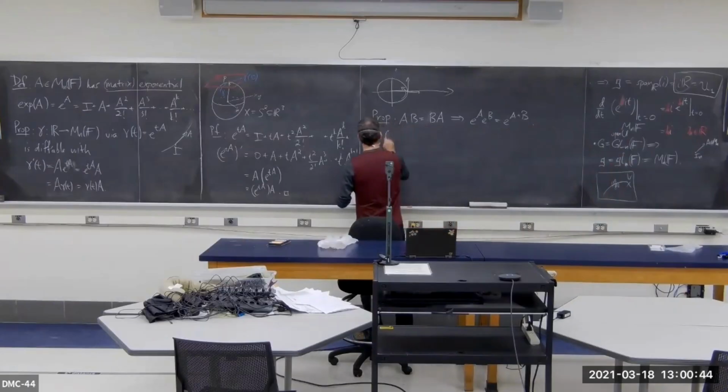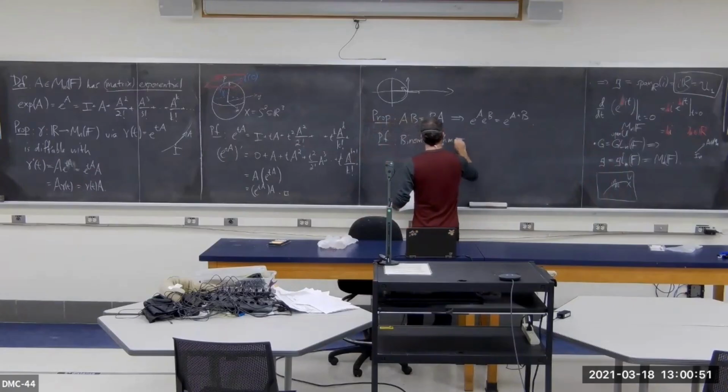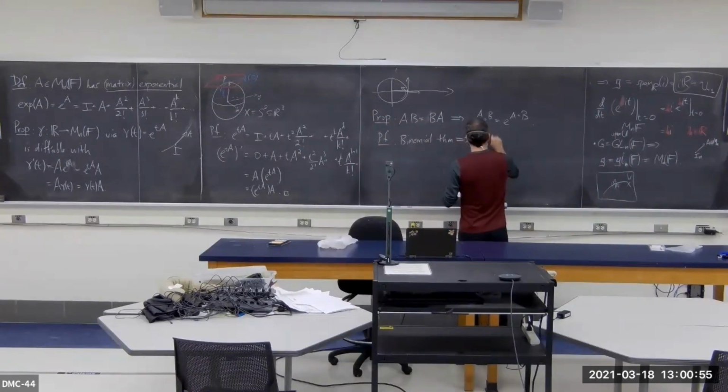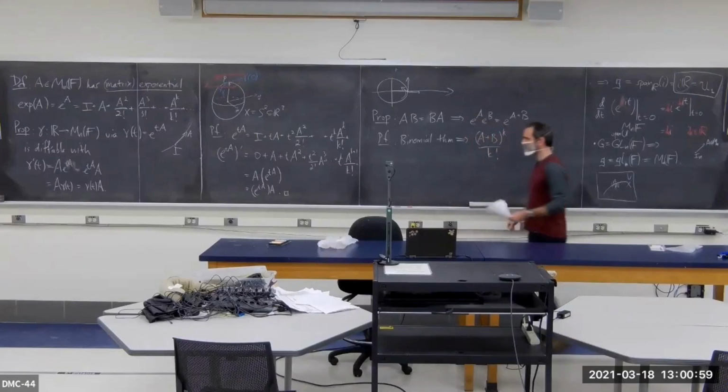Okay, proof. The binomial theorem. What does the binomial theorem say? What is A plus B to the K over K factorial?